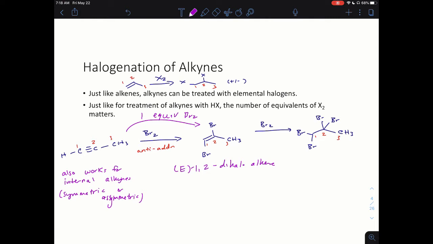And then if you were to add two equivalents of bromine, you would observe the, oh, this is fun, 1,1,2,2-tetrahalo, in this case tetrabromo alkane. All right. You do not need to know the mechanism of this reaction.